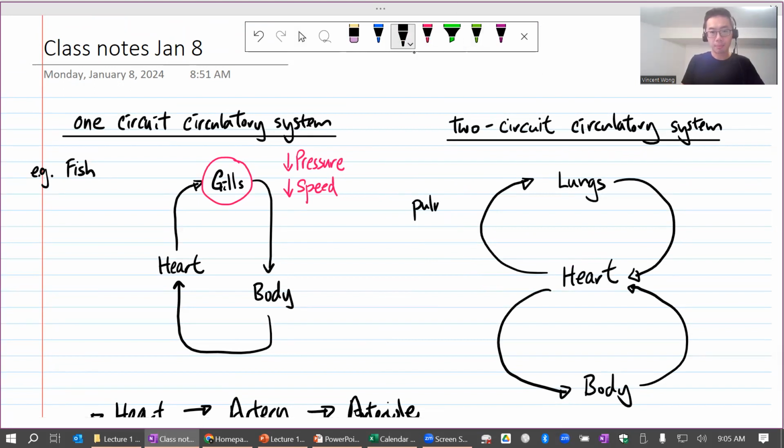Very good. A for away from the heart. And when we have picked up the oxygen, we're going to send the blood back to the heart through the pulmonary vein. Pulmonary artery takes it to the lungs, pulmonary veins send it back.